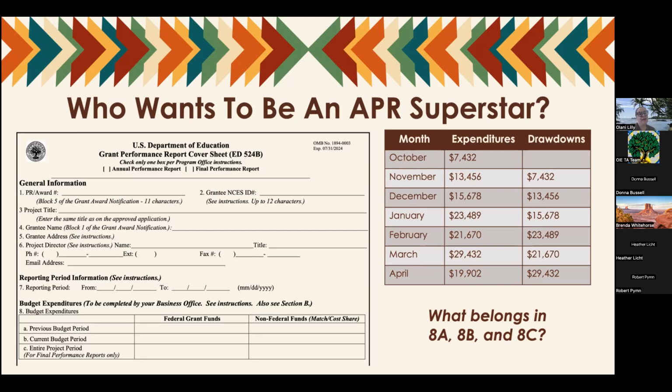A helpful hint is to remember that what you're reporting in A, B, and C should reflect the reporting period, which is what? 10/1/22 to 9/30/23. I've been saying that so much that I sometimes get it mixed up. Go ahead and take a look at this and try to complete the answers. A poll should be popping up momentarily.